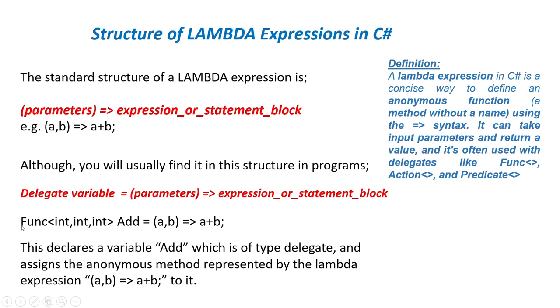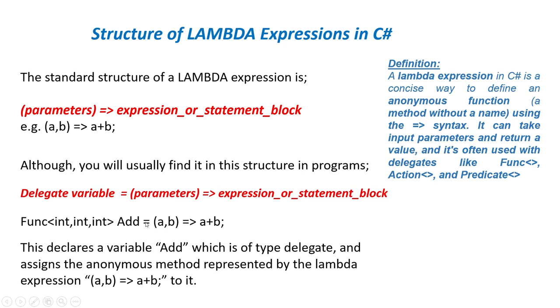If you look at this example for a more complete statement than the example we showed here, you have a Func delegate, which is a built-in delegate. And you are defining a variable of its type, so a variable add of type Func delegate, or of type delegate for simplicity's sake.